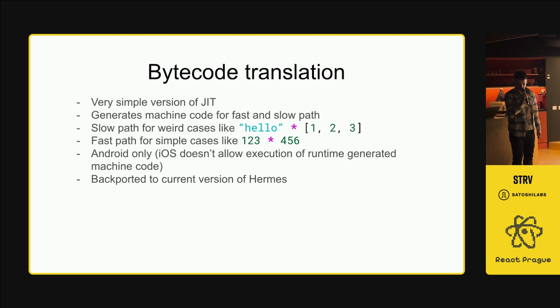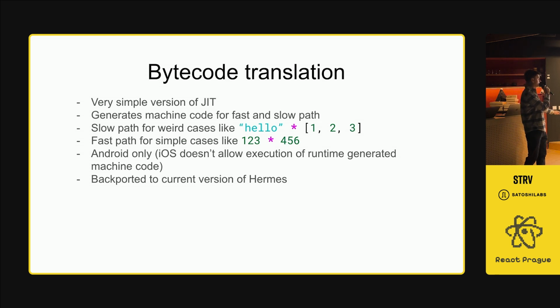So about bytecode translation, it's a very simple version of the JIT. It basically creates machine code for the slow and for the fast part in the code. It will try to guess which could be the fast part and which could be the slow. For example, the fast part could be adding 2 numbers in some function, and the slow part could be adding a string and an array together.